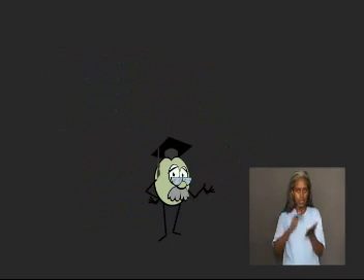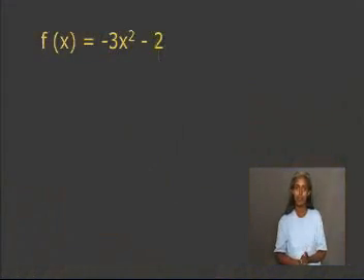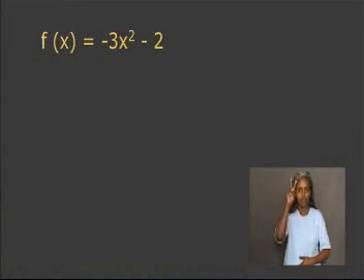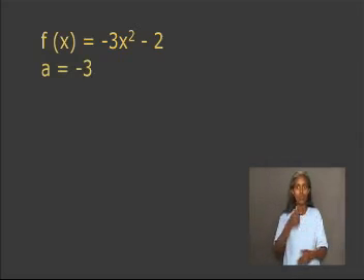Time's up. Let's get back to our lesson. Welcome back, everyone. I am sure you had no difficulty with this activity. In the function f of x equals negative 3x squared minus 2, the value of a is negative 3.